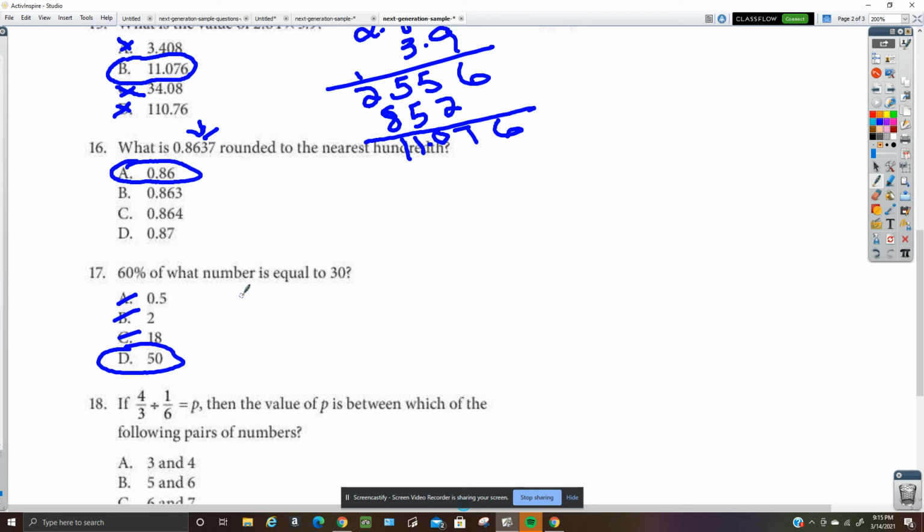And the way you can do that is 50 times 0.6. 0, 30, and then 1 decimal place there.